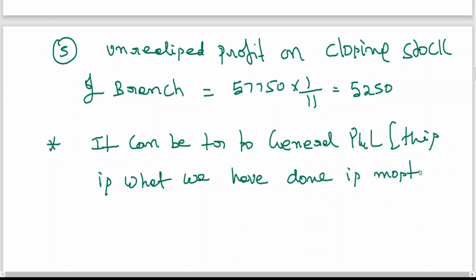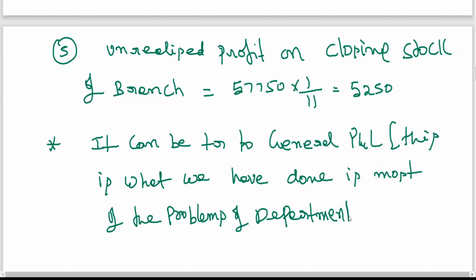In most of the problems of department accounts, when you're calculating the commission of department manager, you remember, for the concerned department profit, we have removed this, you recollect it. For calculation of commission, we have deducted the unrealized profit from the transfer department profit, because we want to calculate the correct profit of the department.